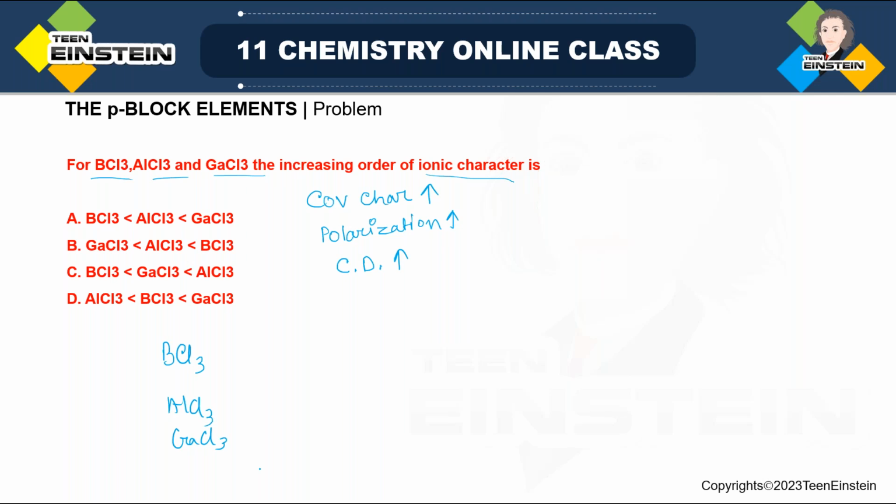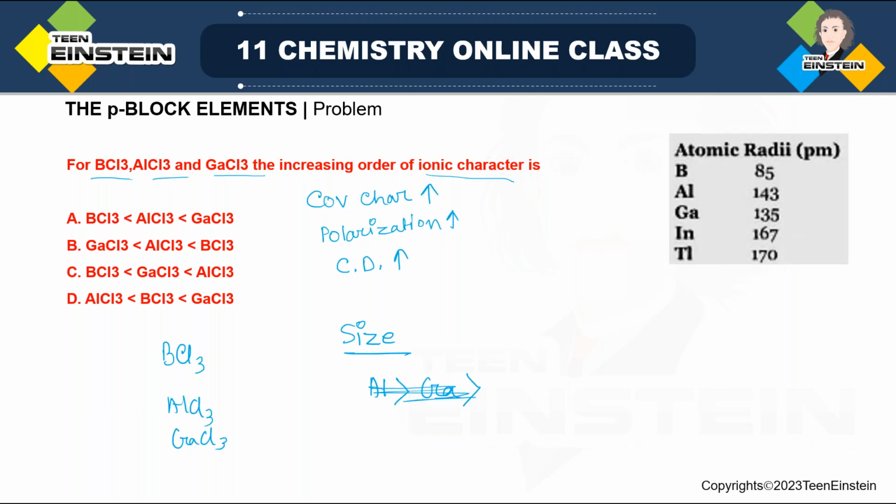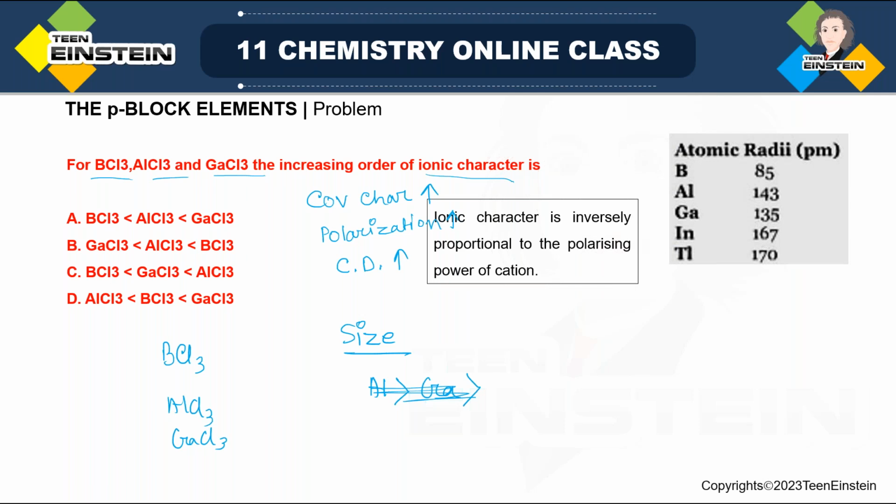So if we consider size, aluminium, gallium, and then, sorry, let me clear one thing. When I'm saying size, I'm not talking about the ionic state, that is not the atomic size. Now they are not ions, so this explanation is not applicable. Now down the group there is an increase in size. So this is for atomic radii. Okay.